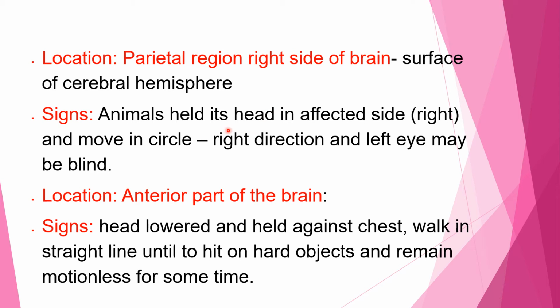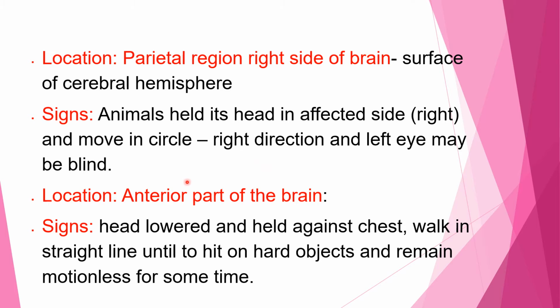The animal holds its head on the affected side, meaning the right side, moving in a circle on the right side, and the left eye may become blind, the opposite eye. So the symptoms are holding the head on the affected side, but blindness in the opposite eye.